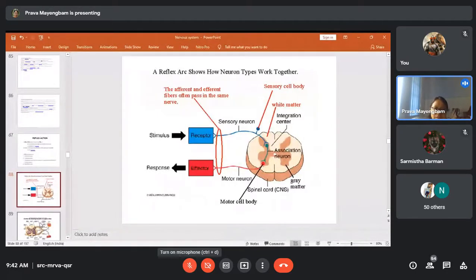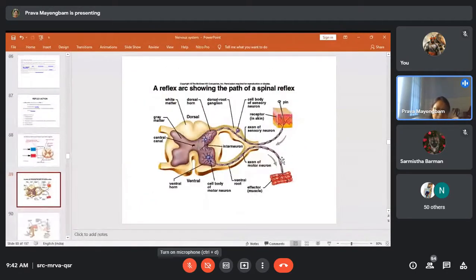Okay, so the reflex will be, for example, when a pin pricks the skin, how the response goes to an effector organ.